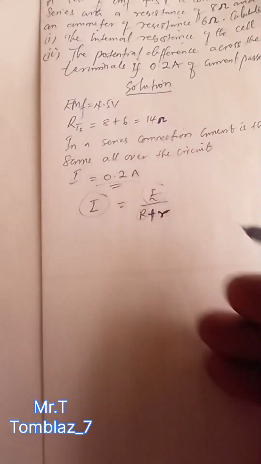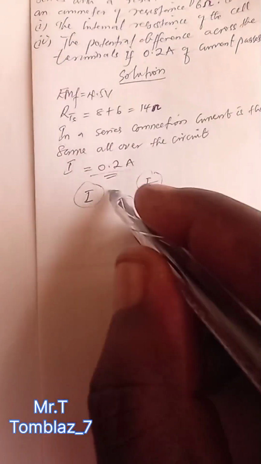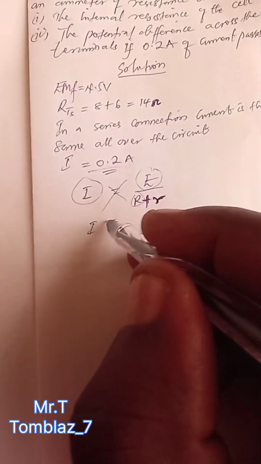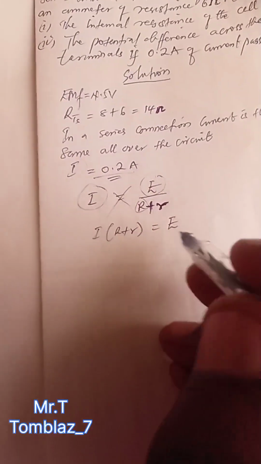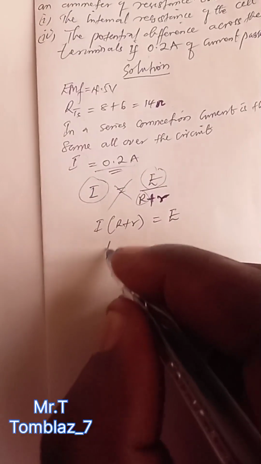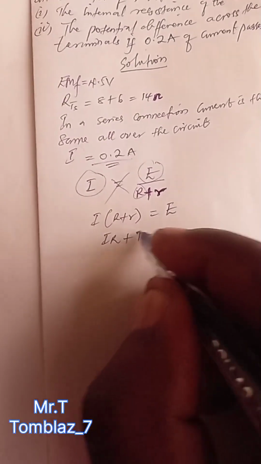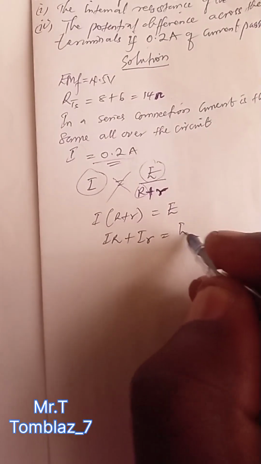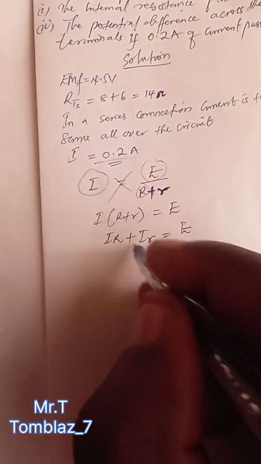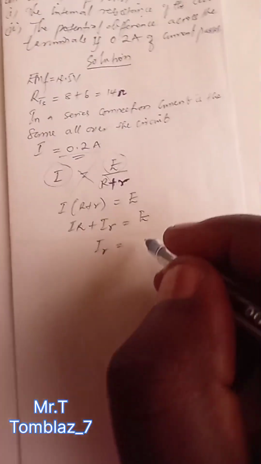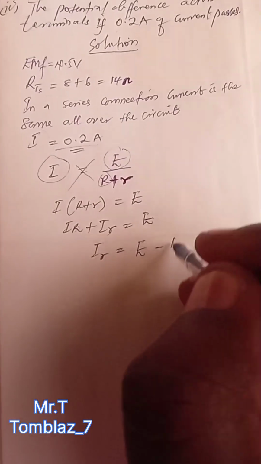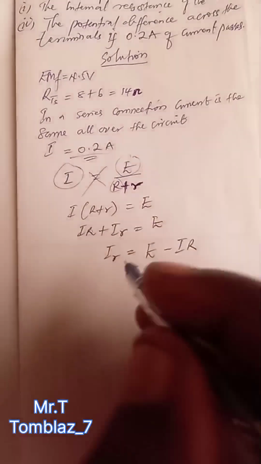So if you want to make r the subject, cross multiply, so I into R plus r is equal to E. If we expand this bracket, we have IR plus Ir equals E. So let's remove this so that we'll have only Ir equals E minus IR.